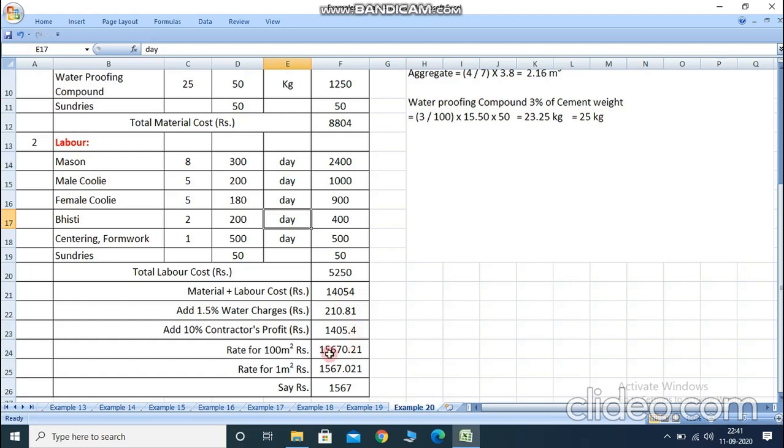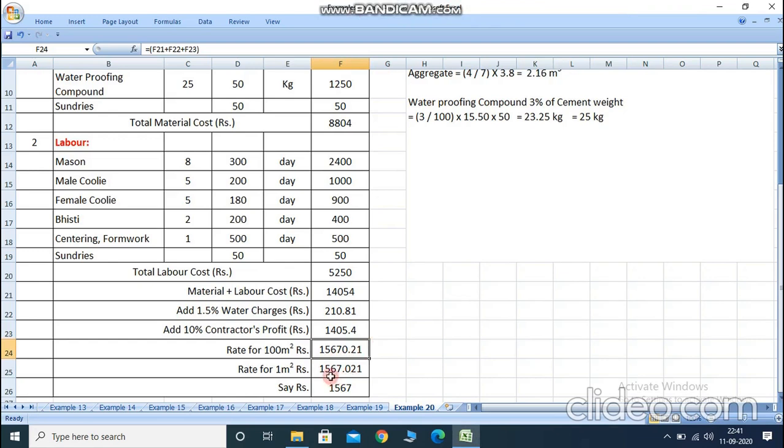For 100 meter square, the rate is the summation of all these values: material cost, labor cost, 1.5% water charges and contractor profit. So for 100 meter square, the rate is 15,670 rupees and 21 paisa, and the rate for 1 meter square is 15,670.21 divided by 10.